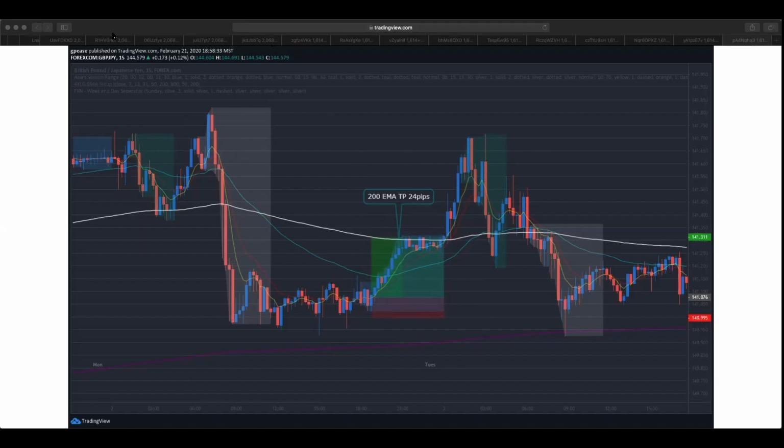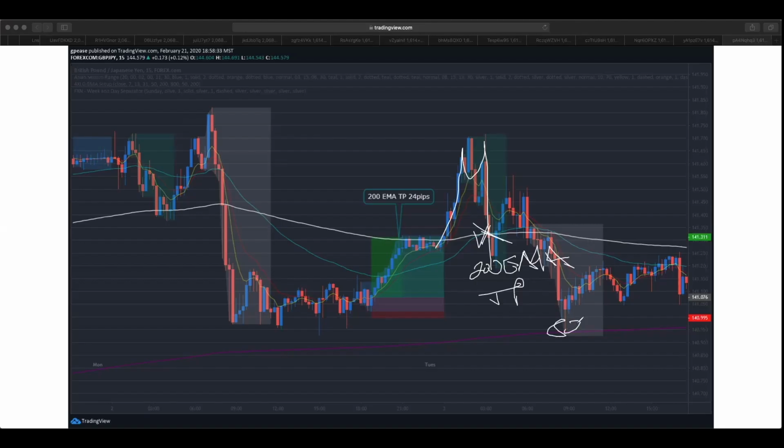So what would have been a good example is, let's say, this here, right? That's a good example. 200 EMA take profit, and then 800.